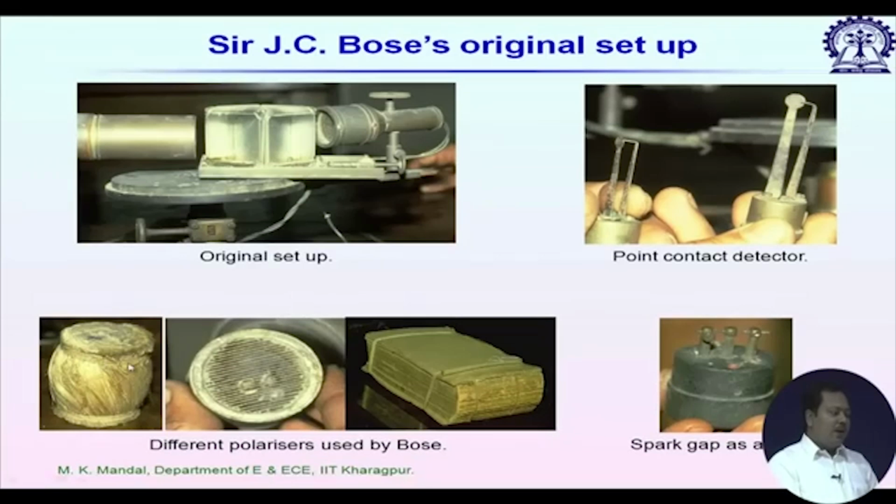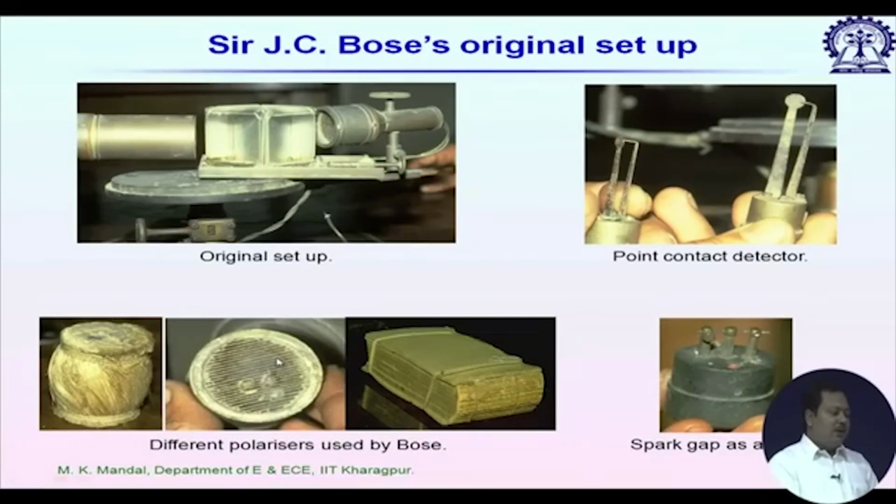These are some polarizers. In the middle part you can see some parallel metallic wires. When an electromagnetic signal falls on it, if the electric field is perpendicular to the metallic wire, it can't pass through this wire mesh, but if the electric field is parallel to the wire, then a component of the incident electromagnetic wave will pass through the wire mesh.